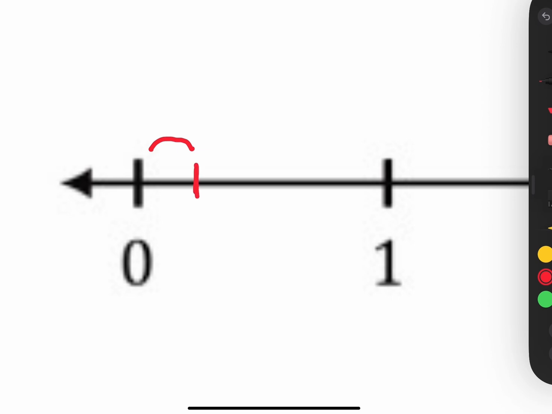1 line here. 2, 1 line here. 3, 1 line here. And 4. I don't have to draw a line here because there's already 1 for the whole number.